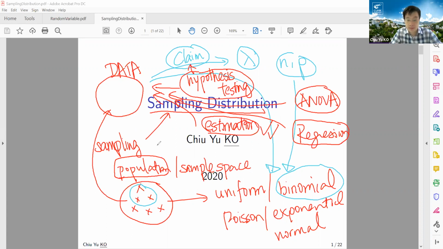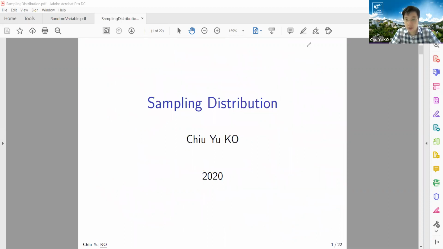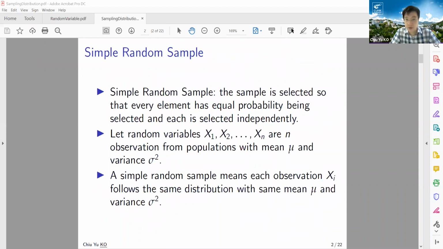It's called sampling. That's why we want to do all this, and that's the goal of the rest of the course. Anyway, let's get started with the random sample.